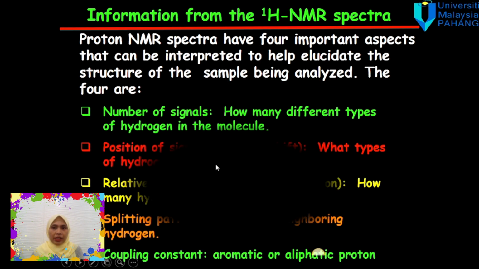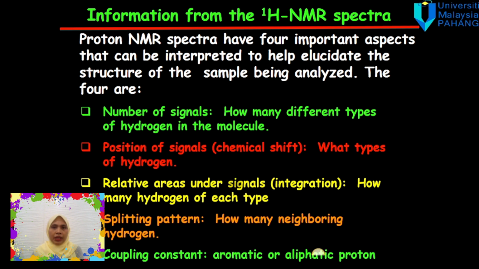What information can we get from the proton NMR spectra? There are 5 important pieces of information. The first one is the number of signals. The number of signals represents how many different environments of hydrogen are in the molecule. Next is the position of the signal, which we know through the chemical shift, the different positions in the NMR spectra.